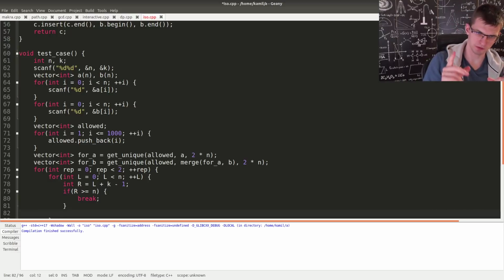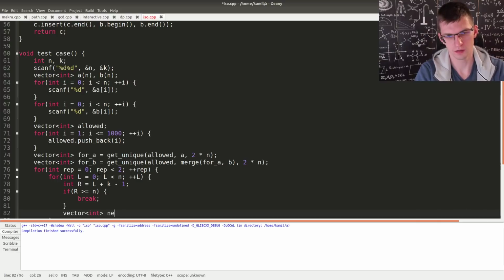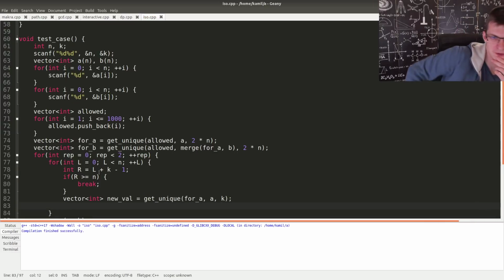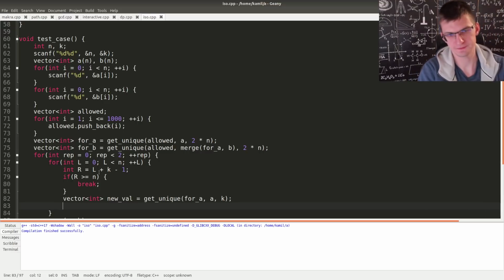I want to do something with this interval. Is get unique float for a not present in a of size k. Okay.